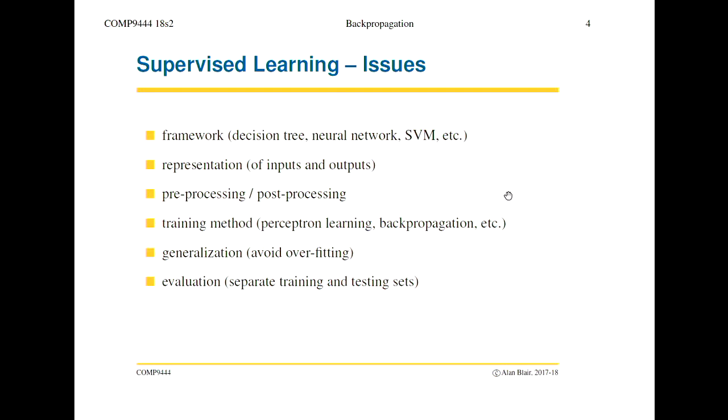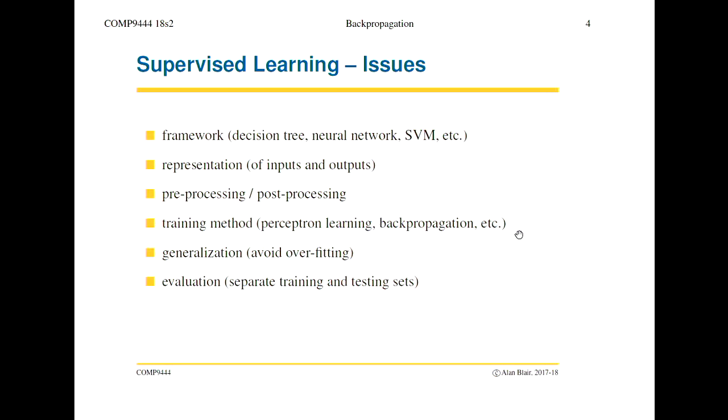Then you've got to choose a training method. Last week we talked about perceptron learning. Today we're going to talk about gradient descent and backpropagation. And there are other variations on these training methods. In TensorFlow you'll see how you can choose between these.